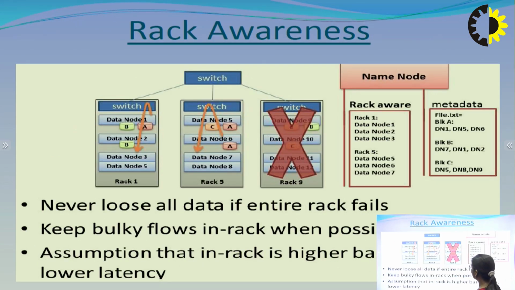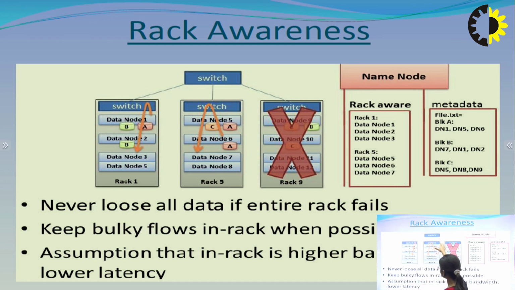Then this is the rack awareness diagram. Here there is a concept of the name node. The name node holds the information about the metadata and rack awareness, that means how the data are arranged in racks. Here is also a concept of a switch.